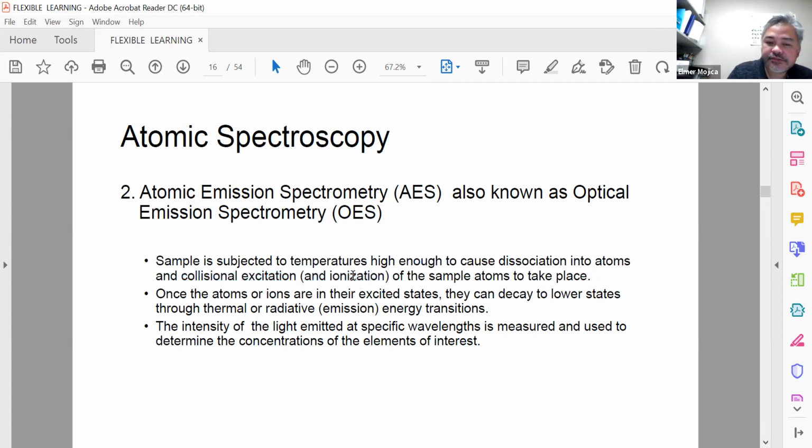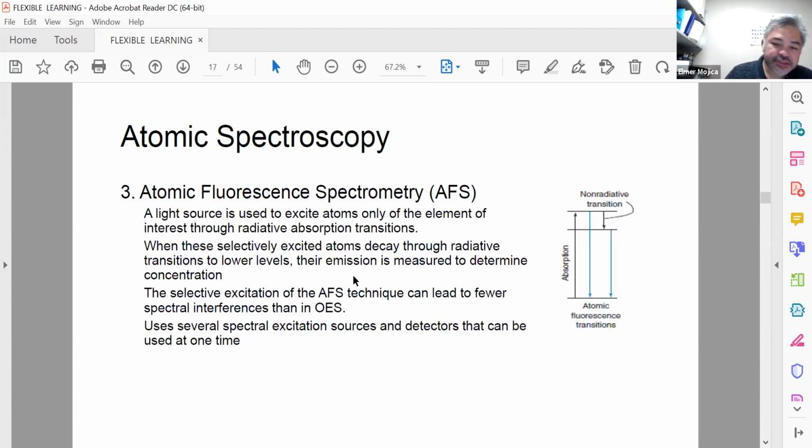Now, the other one is atomic fluorescence spectrometry. This is similar to fluorescence in molecular spectroscopy. There's an absorption, and then when your sample goes back to a lower energy level, it can have a non-radiative transition. You have a light source that excites only the atoms of the element of interest through a radiative absorption transition.